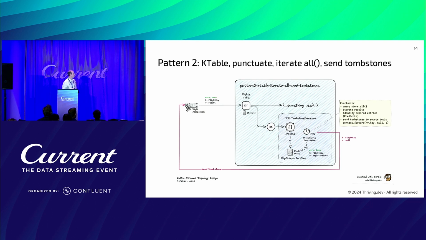So for data that expired, we just send the tombstone, and the k-table will automatically delete this from its internal state store. And then, our custom processor will also delete the record, and we have our data evicted.